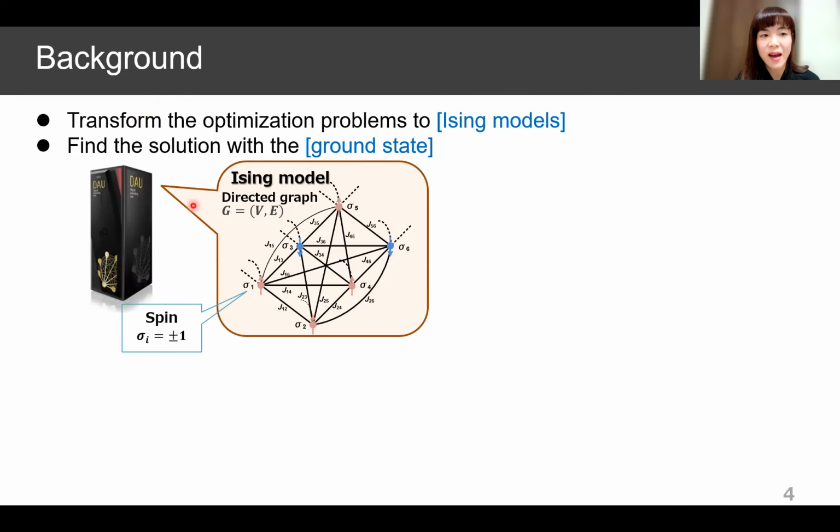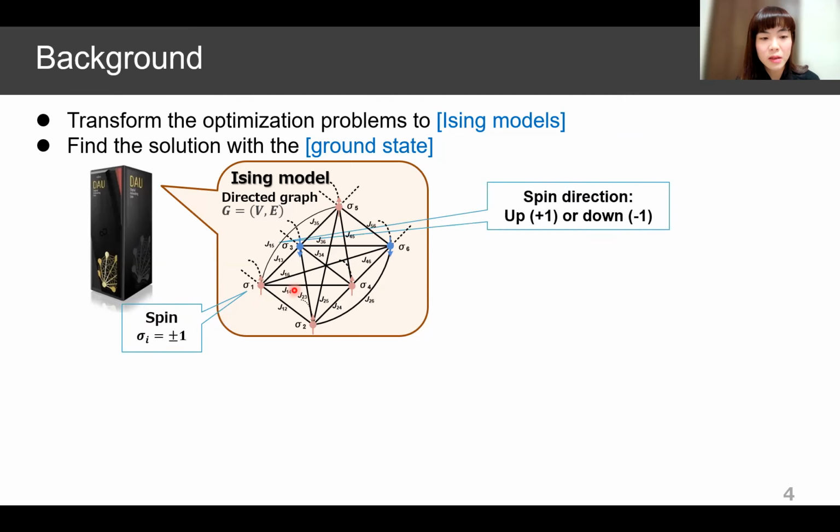The theory behind those machines is composed of two main parts. The first part is to transform the key elements of the problem into suitable models called Ising models. This model can be considered as a directed graph with many nodes, and these nodes are called spins, with two values, -1 and +1.